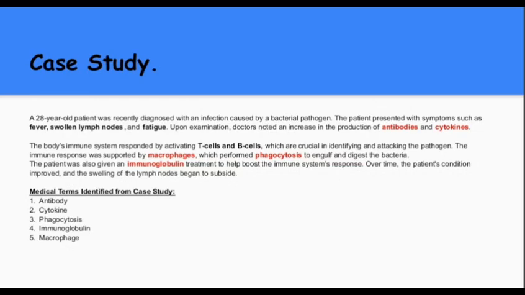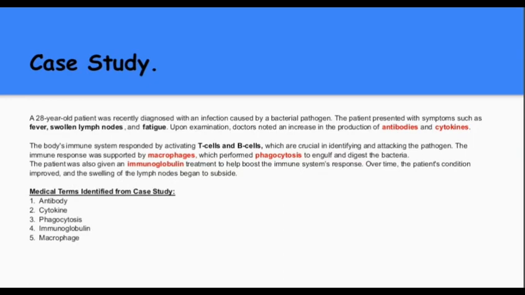Now let's move to our case study. We have a 28-year-old patient with a bacterial infection. The key symptoms were fever, swollen lymph nodes, and fatigue. Lab work showed an increase in antibodies and cytokines. The immune response involves T cells, B cells, and macrophages performing phagocytosis.